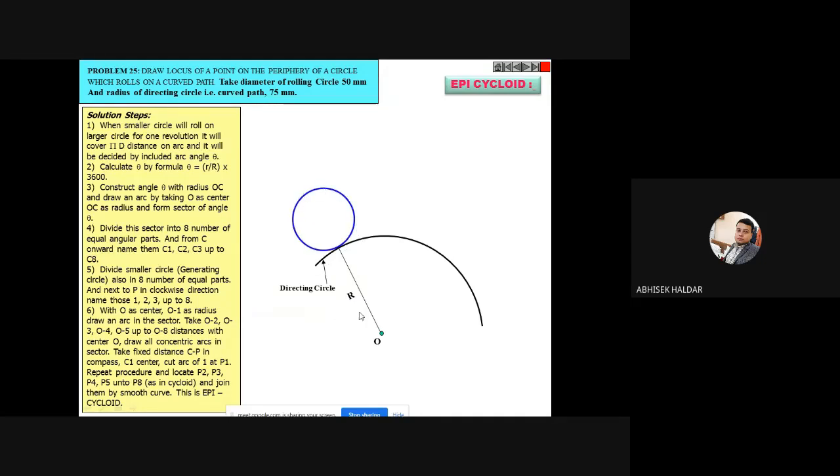So for example, I have drawn over here. Basically, I'm telling you the steps. Listen carefully. First, from this point on the directing circle, with this radius R, you just extend this line on this side, outside the directing circle. This is the generating or rolling circle, rolling in clockwise direction.